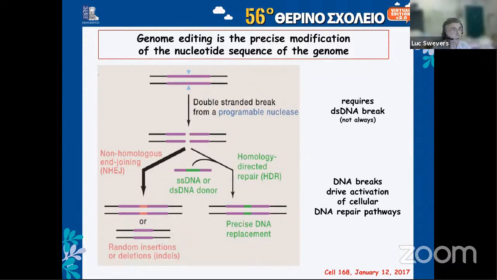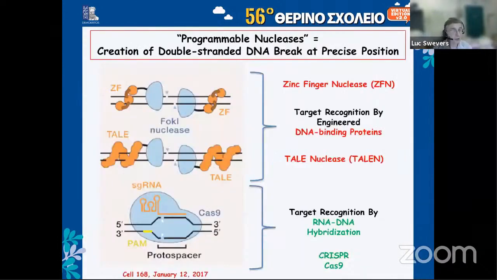So in order to realize genome editing, at least in the first methods, you need programmable nucleases that are capable of creating this double-stranded DNA break at a precise position. And before the development of the CRISPR-Cas system, this was done by DNA binding proteins, like, for instance, zinc finger nucleases.